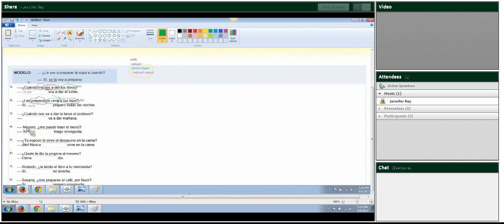Okay. ¿Cuándo nos va a dar la tarea el profesor? Okay, so again, this is your verb. Oopsies. Va a dar. What's being given? The homework. And homework would be, we would replace homework with it.